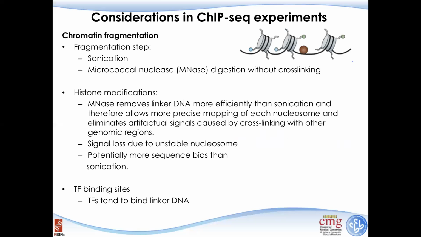For example, if you want to study histone modification, definitely we don't want those linker DNA regions. So we can use MNase to remove those first. Then we can do other purification or amplification, then sequence.